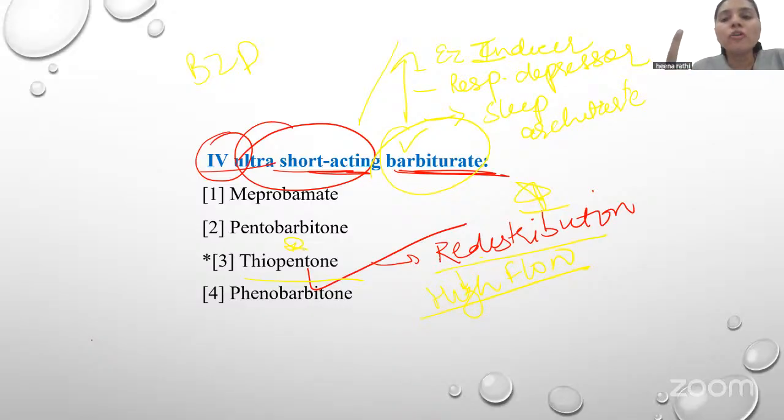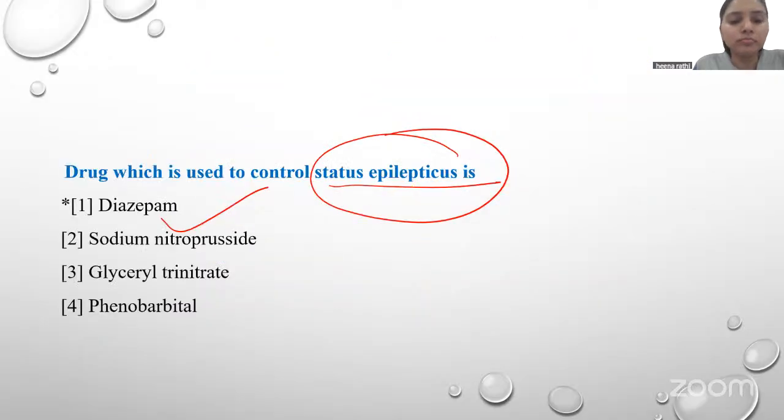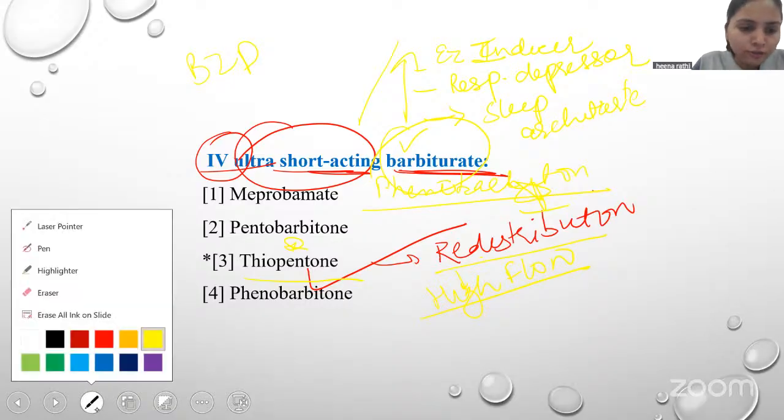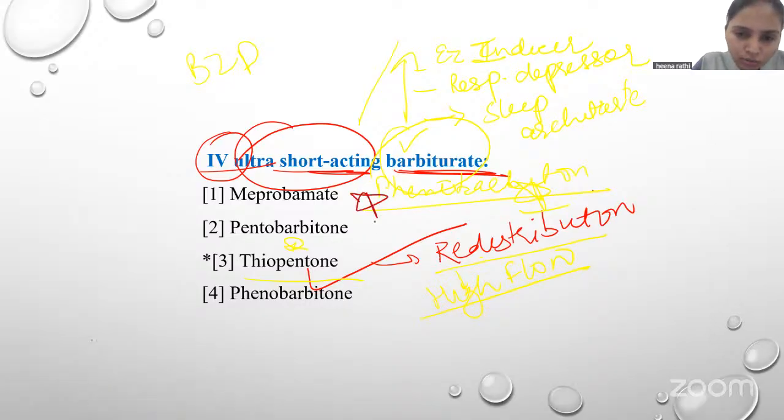Second is phenobarbital, which is used only in epilepsy. These are the two uses of barbiturates.